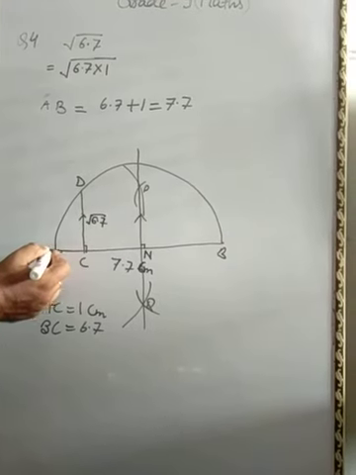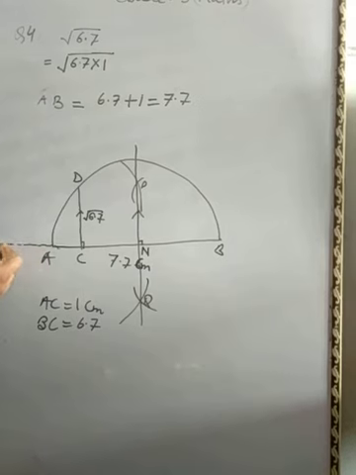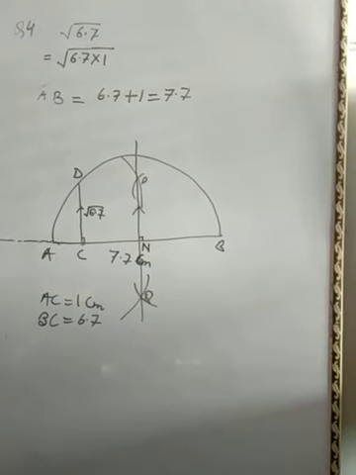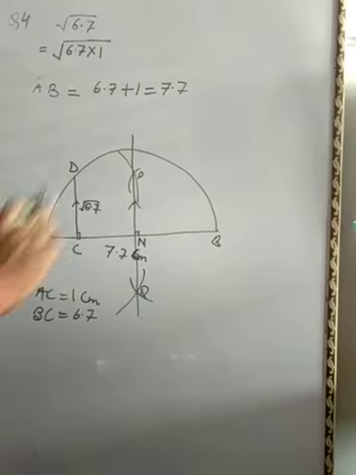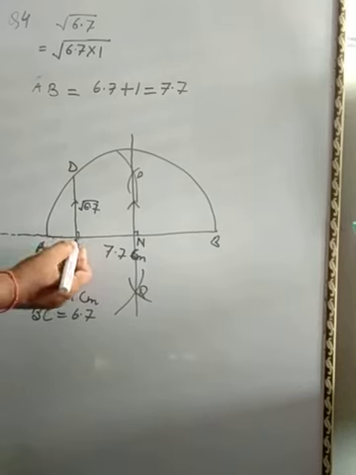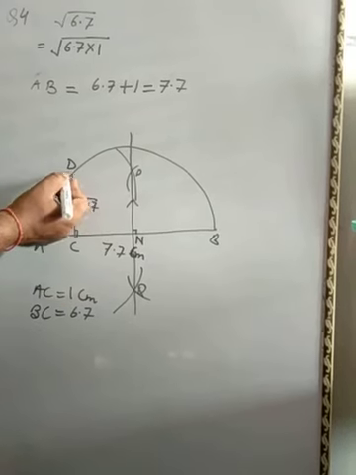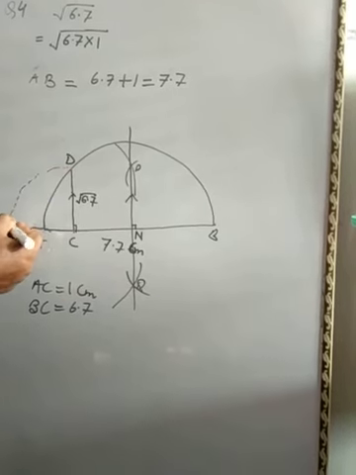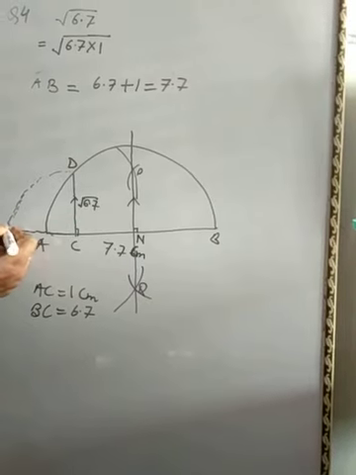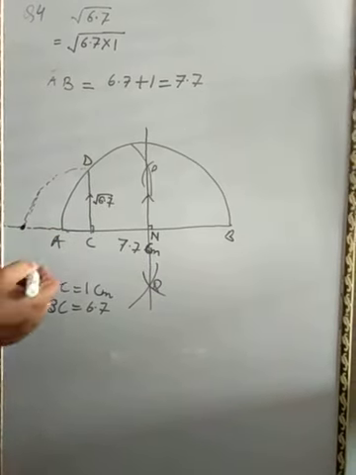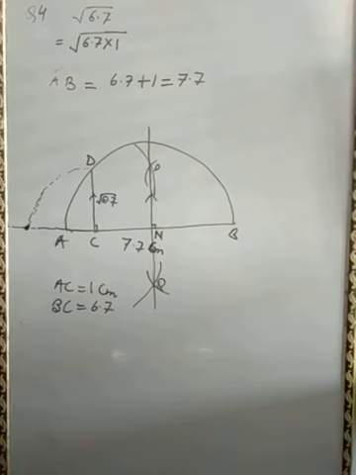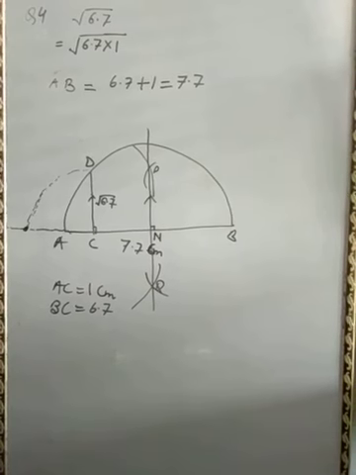Extend this line, right? Take the radius equal to CD and C as the center and draw an arc. This point is the square root of 6.7.